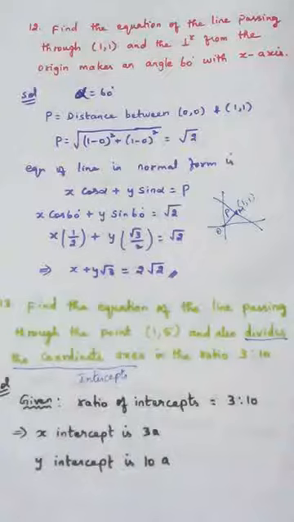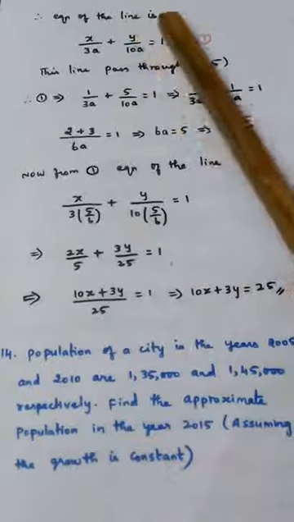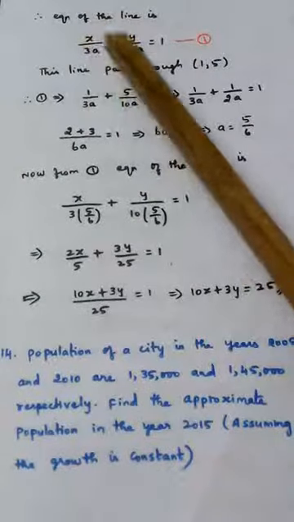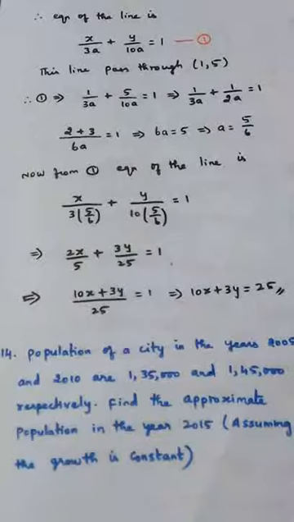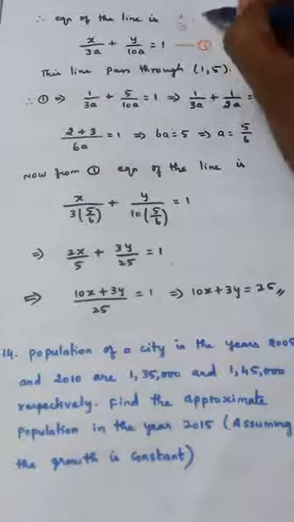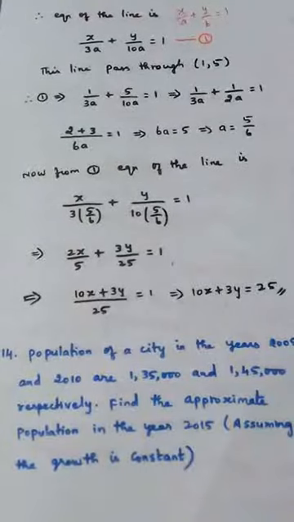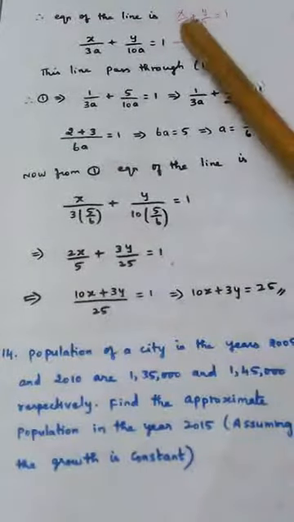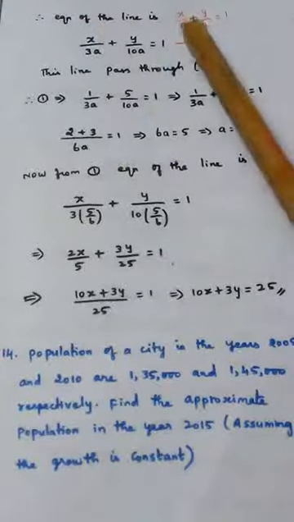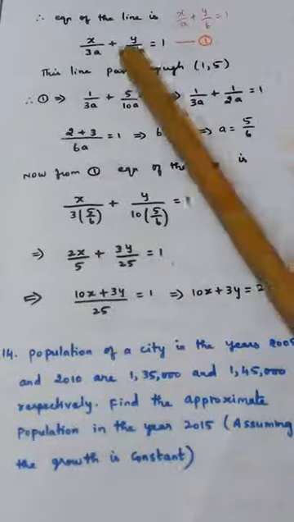First we will write the formula for the straight line in intercept form. The equation of the straight line in intercept form is x by a plus y by b equal to 1. Here a is called the x-intercept, which is 3a, and b is called the y-intercept, which is 10a.